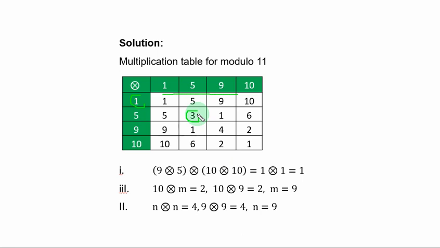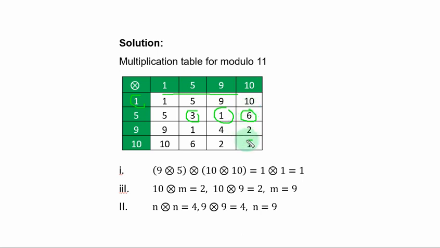So you record the remainder 3. 5 times 9 is 45. Divide by 11 is 4 remainder 1. You record the remainder. 5 times 10 is 50. Divide by 11 is 4 remainder 6. You record the remainder, and so on.